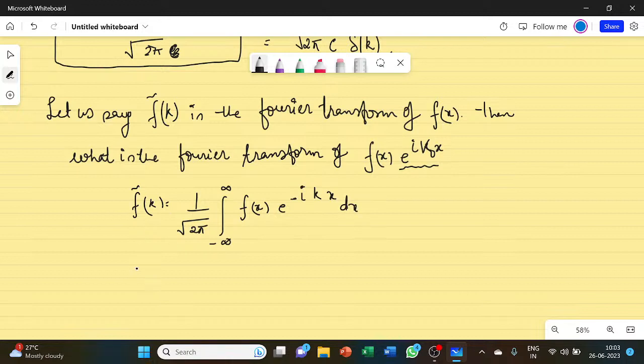Let's say that the Fourier transform of the new function is gk, which is 1 upon root over 2 pi from minus infinite to plus infinite, and instead I'm writing f of x e to the power minus iota k naught x.